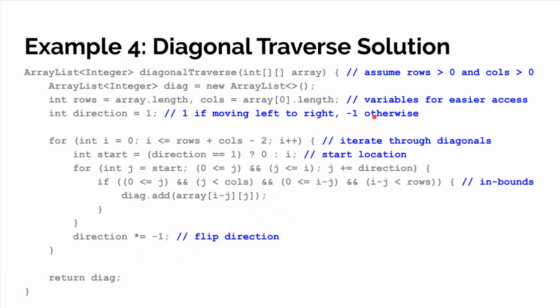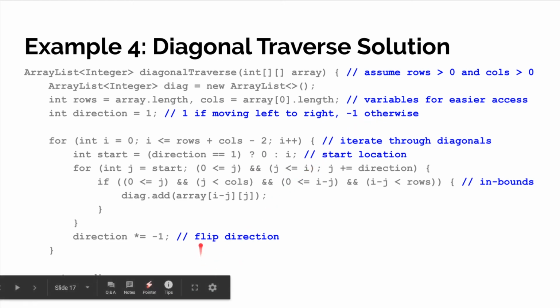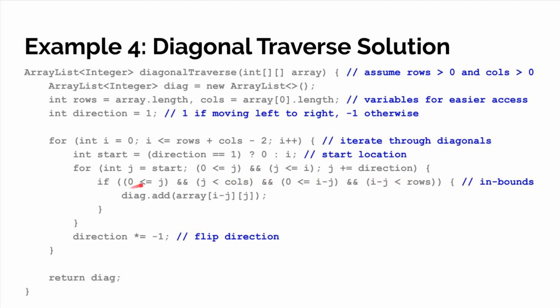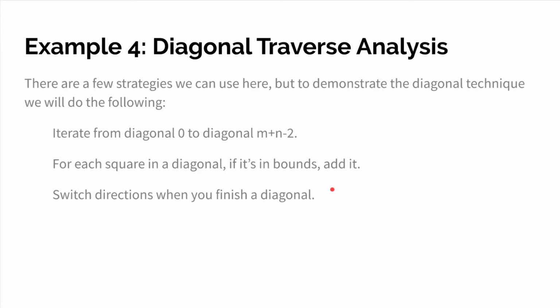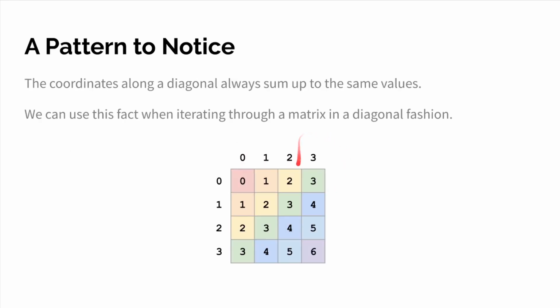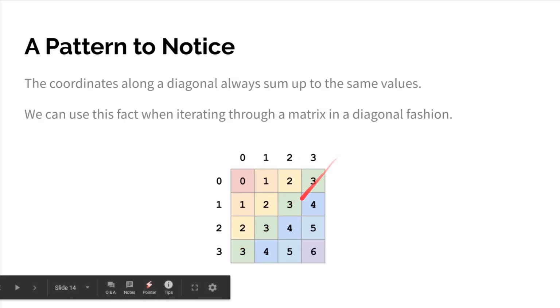If we're going right to left, then we subtract 1, and then we check if the index is in bounds, right? So the column value is between 0 and columns, and the row value we can just calculate by taking the diagonal number minus the column number, right? So if we think back here, this would be diagonal 3.